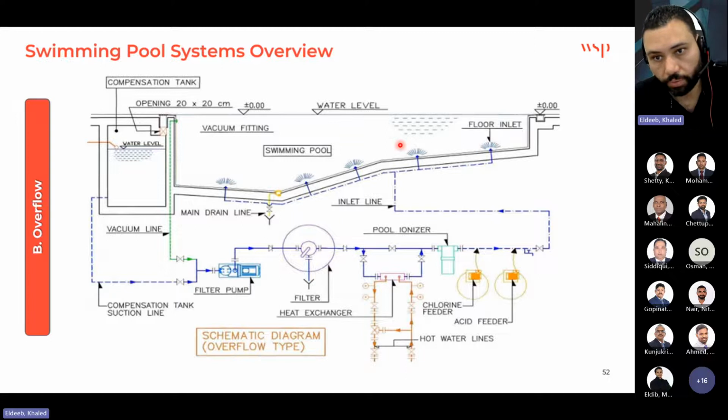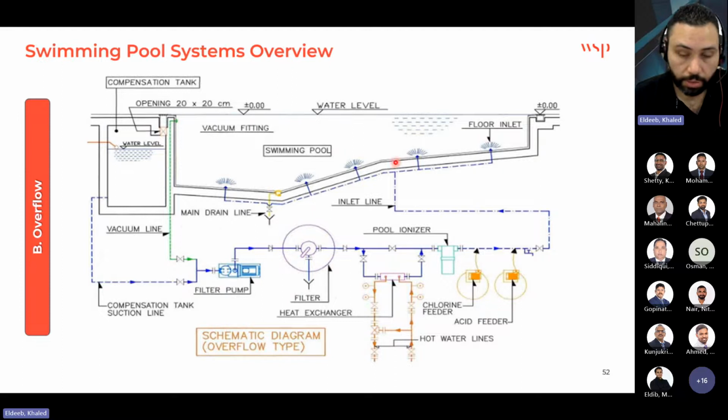Usually we use the overflow for public pools, to provide better cleaning of the pool water surface, unlike the skimmer, which is not efficient for suction and cleaning large bodies of water. And we also use the surge tank for the overflow, as I just said.